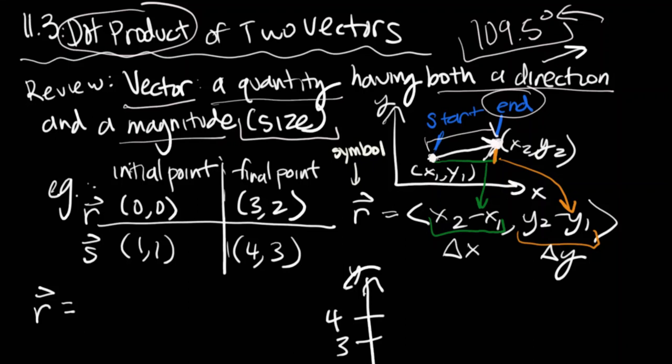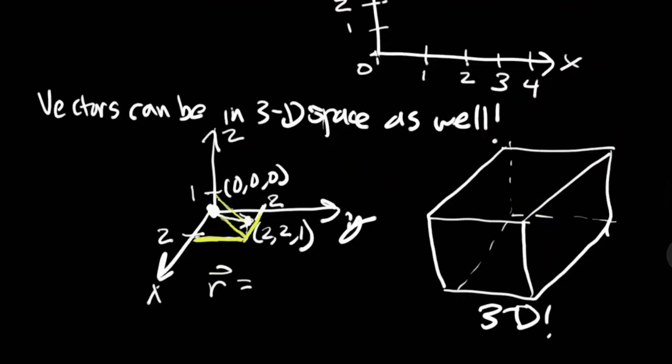I labeled this vector with 2 points: the initial point is x1, y1, and the ending point is x2, y2. A vector can be represented by a variable with a little hook on top of it, and that's just the proper notation for vectors.